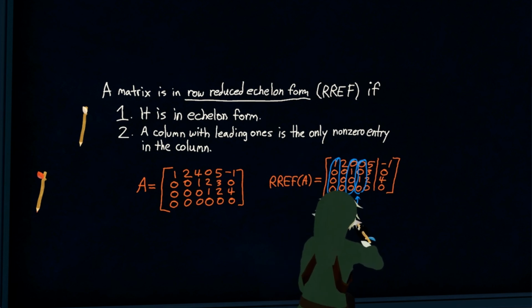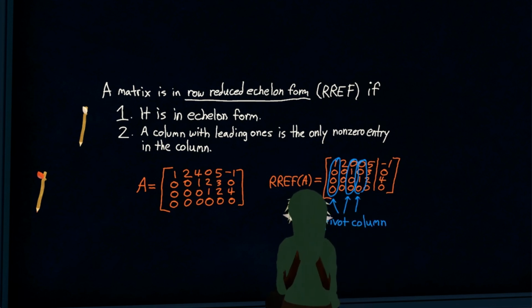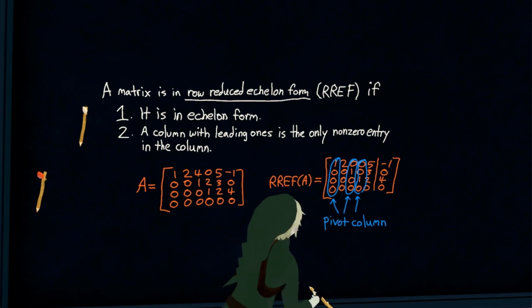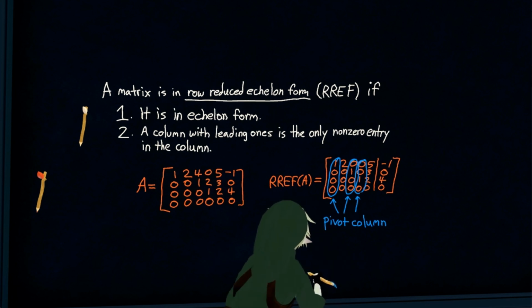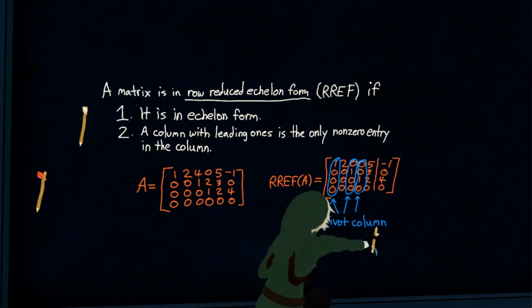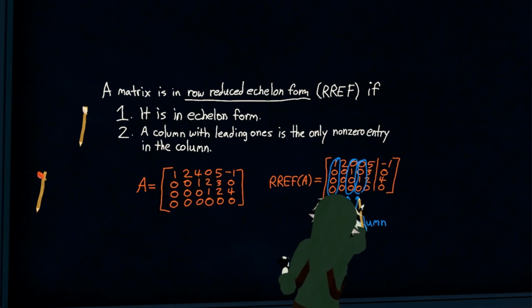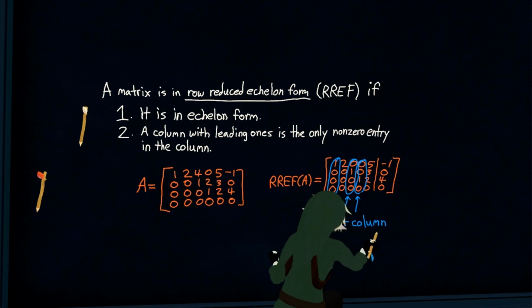We call these pivot columns. Just another vocabulary word in linear algebra, but it's okay. We'll get used to it. We'll start using that term a lot in the future. In linear algebra, they call this a pivot column. That's all that is. It's a leading one that is lonely in a column. It's the only non-zero number in a column. They call it a pivot column.